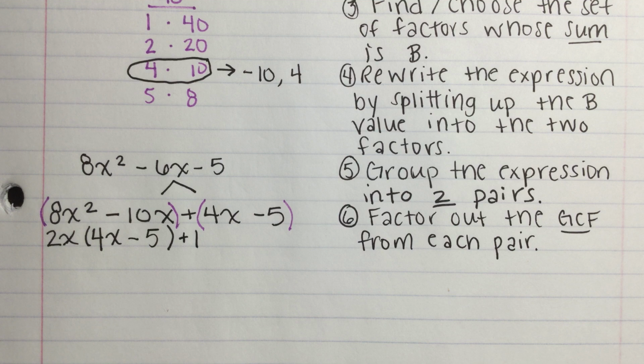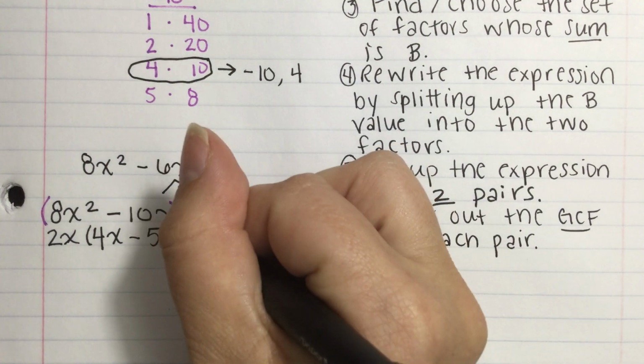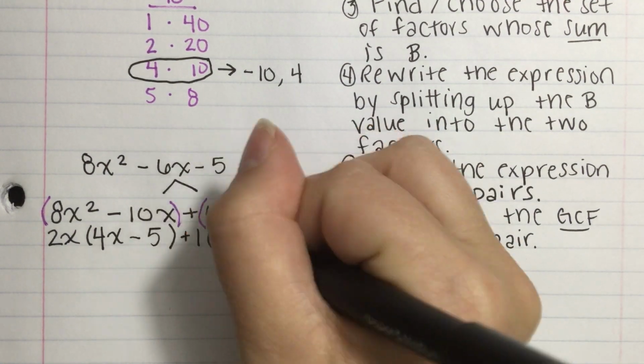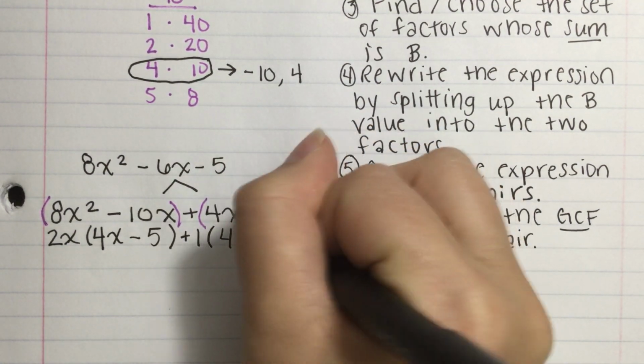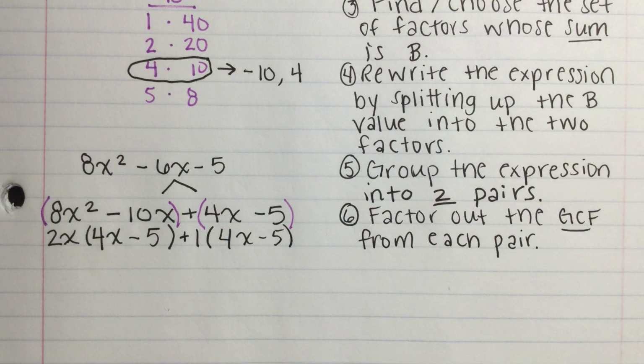If I were to write out all the factors of 4x and all the factors of negative 5, everything always has a 1 in it. So if I factor out 1 from that, it's going to stay exactly the same. I know that one's a little weird. We'll do one where we don't have a 1 that's factored out so we can see it a little easier.